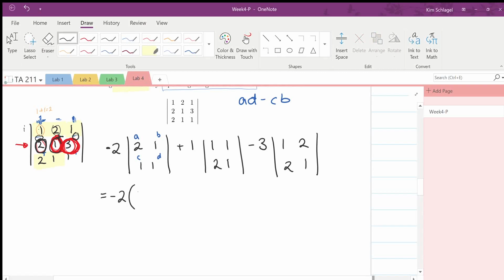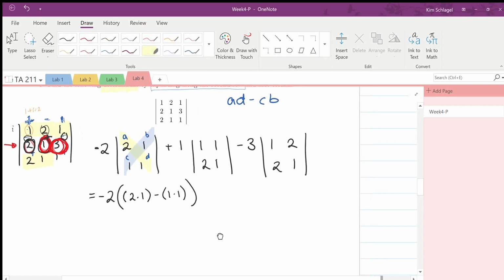But we do AD, so 2 times 1 minus 1 times 1. We're doing A times D, and we're minusing C times B. That's just the formula for a 2x2 determinant.